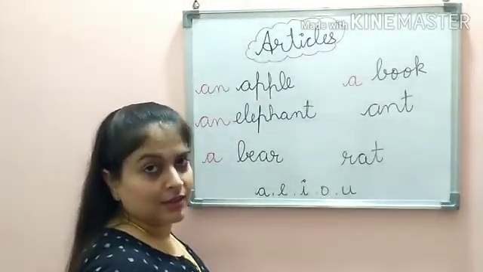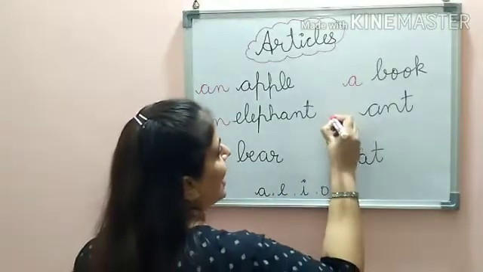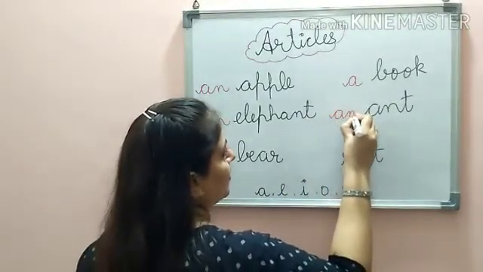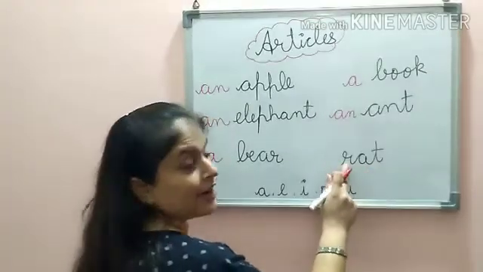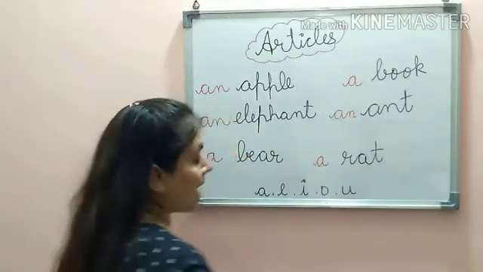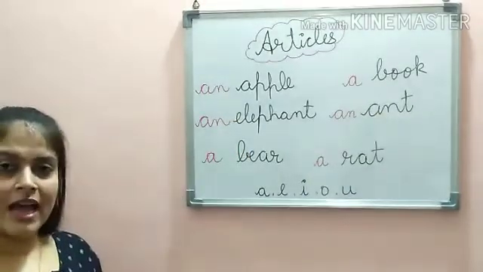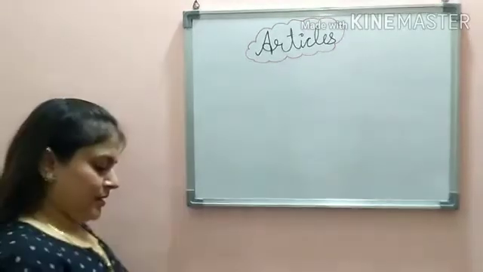Ant. A is a vowel. An ant. Rat. R is a consonant. So here we are going to write a rat. A rat. Now let us take few more examples for the same.